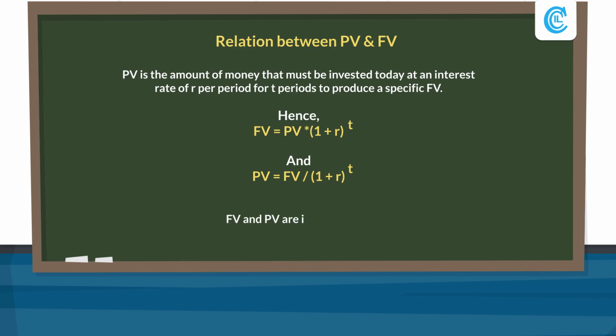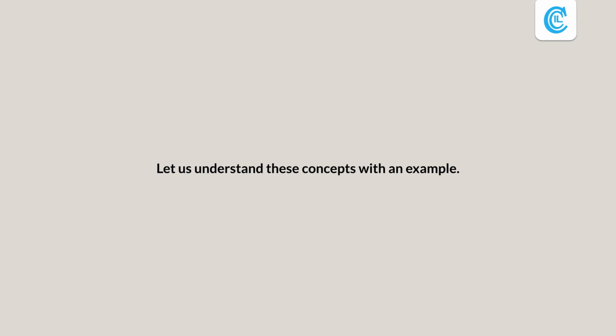Thus, future value and present value are inversely related. This is because the longer one invests money, the more money they will earn from interest, resulting in a higher future value. Conversely, the shorter one invests money, the less money they will earn from interest, resulting in a lower future value. Let us understand these concepts with an example.